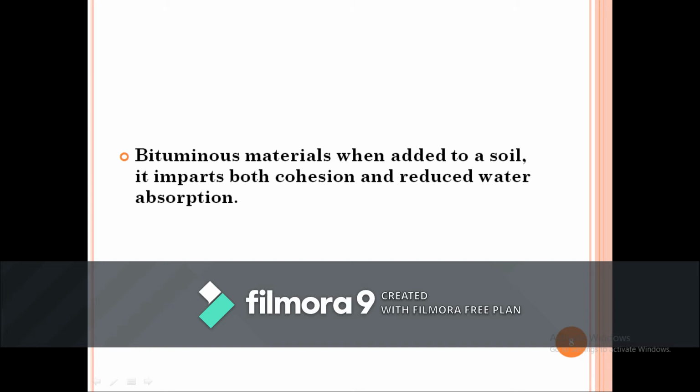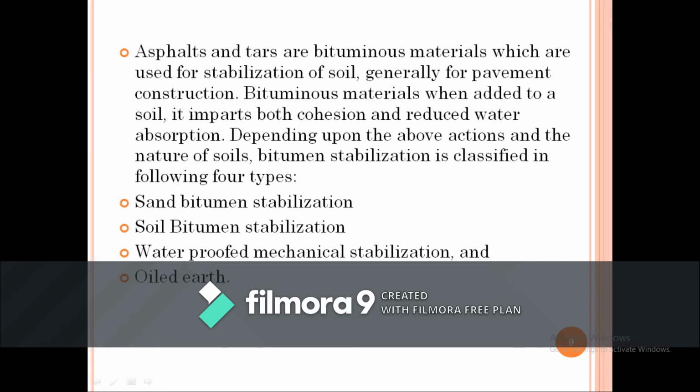The next thing is, what are the different types of bituminous material we'll be using. Before we go to that, we'll see what are the different types of bitumen stabilizations. In general, the bitumens used are asphalt and tar.